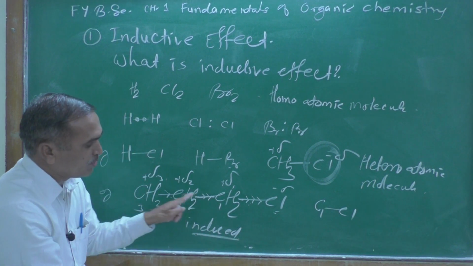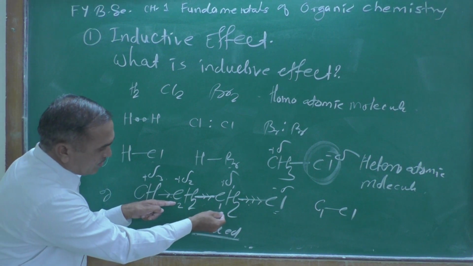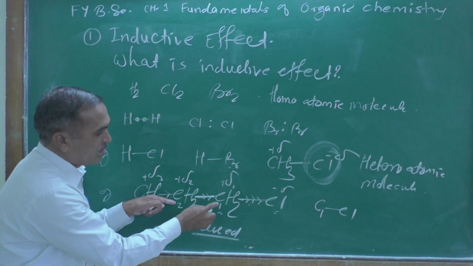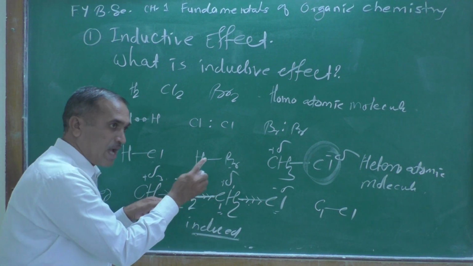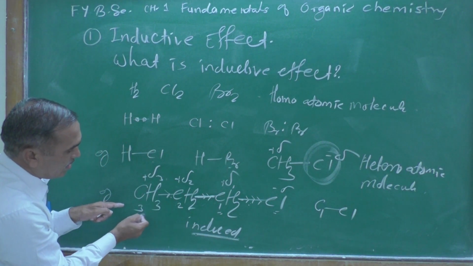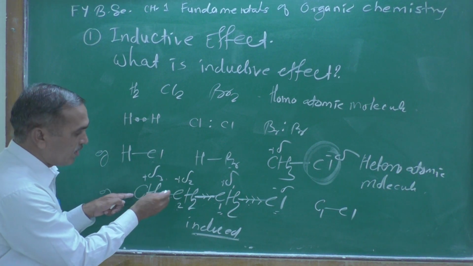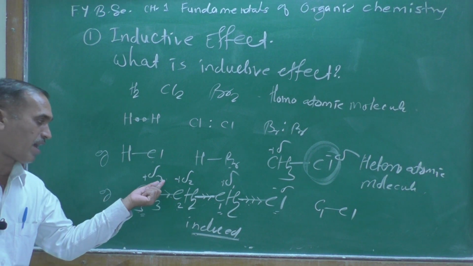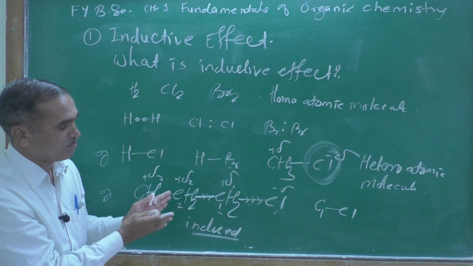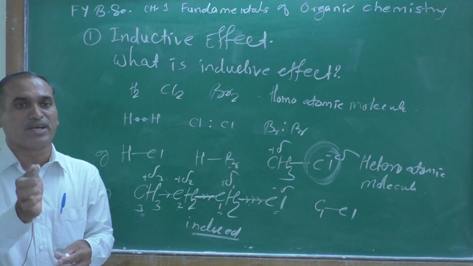Therefore, if you compare the sharing of electrons between these two carbon atoms, carbon number 1 is more electronegative than carbon number 2, and comparing carbon 2 and carbon 3, carbon 2 is more electronegative than carbon 3. Now we can make the definition of the inductive effect.